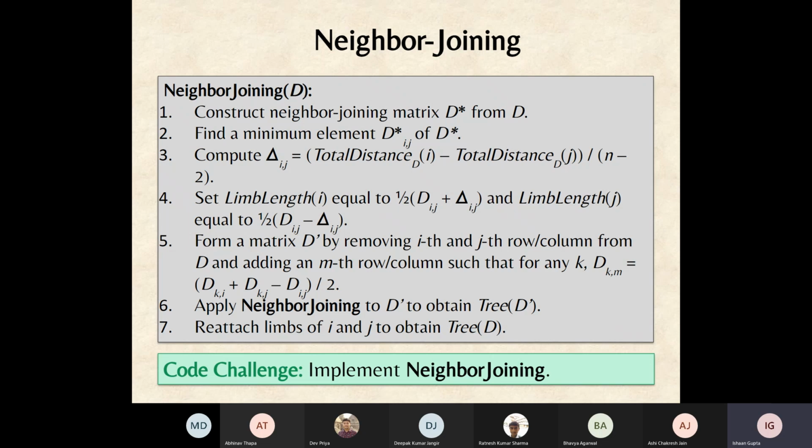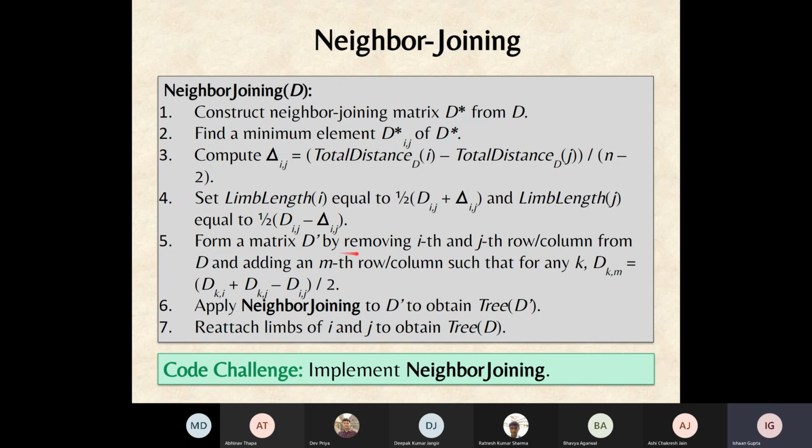You find the minimum element. You compute these delta ij's. Using these delta ij's, you set the limb length of I and limb length of J by the given formula.